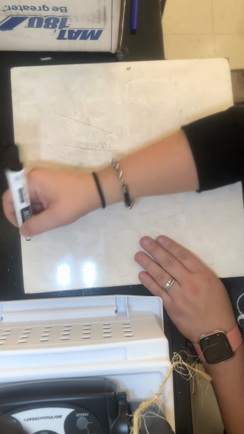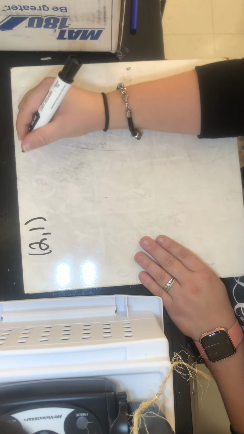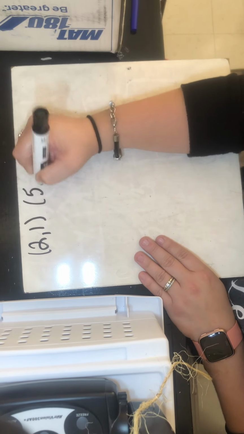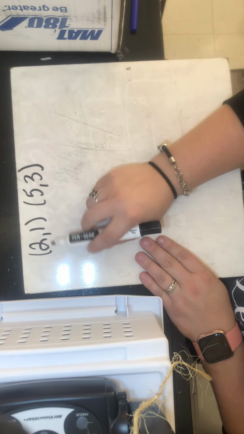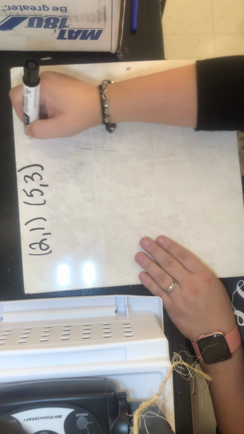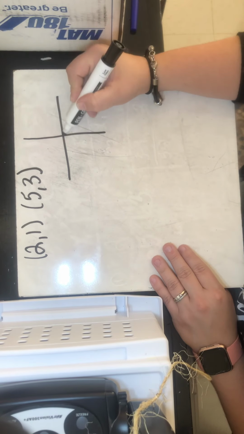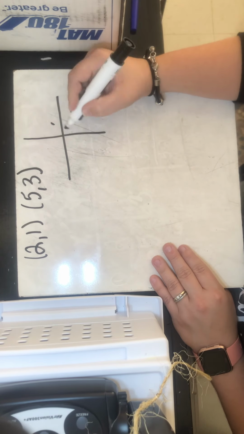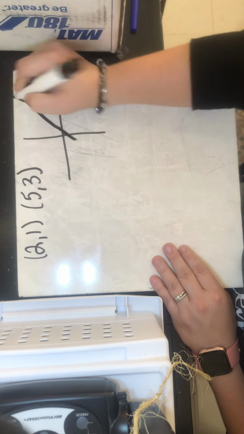So for this example, we're going to use 2 and 1 and 5 and 3. These are points that can be plotted on a graph. If I plotted them, I could go over 2 and up 1, then over 5 and up 3, and that would make a straight line.